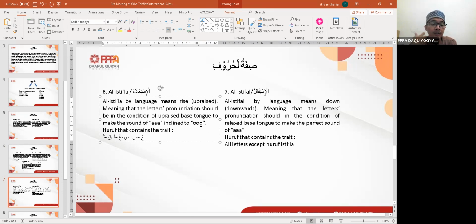It's not perfectly a, and it's also not o. It's a. You have to open your mouth a little bit wider, and the sound of a is because of the upraised base tongue.